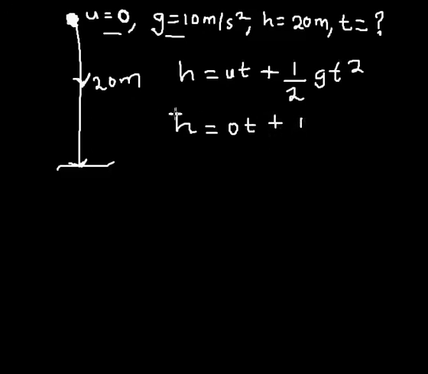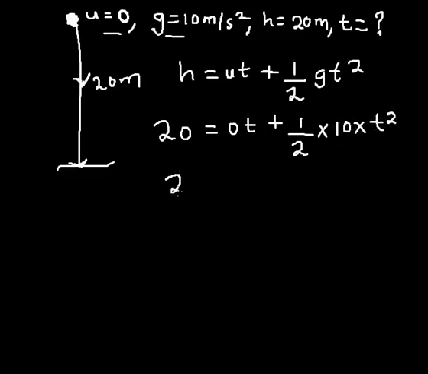Let me put the value of h at once. That's 20, plus half times g, which is 10, then times t square. That's what I'm looking for, t square.